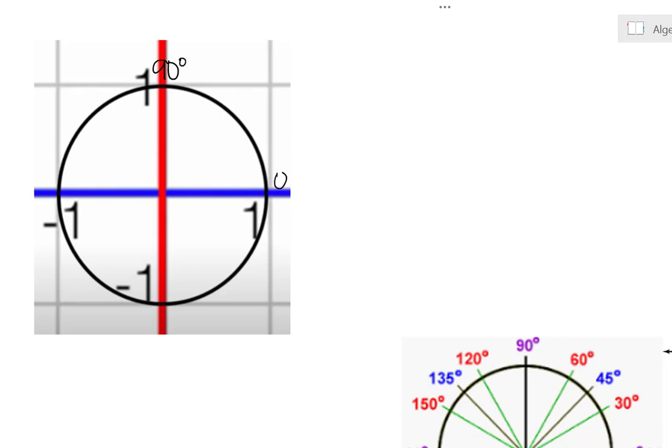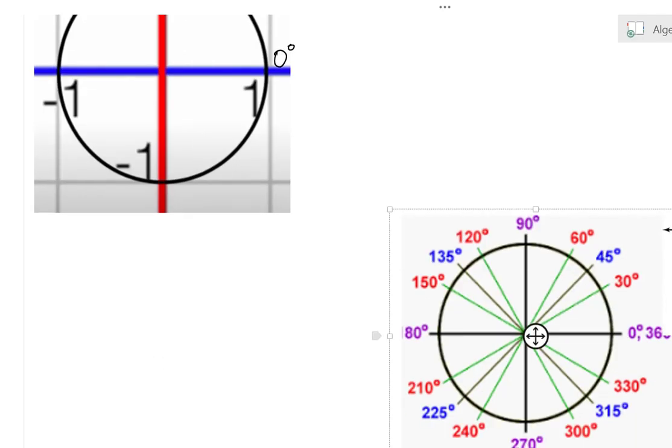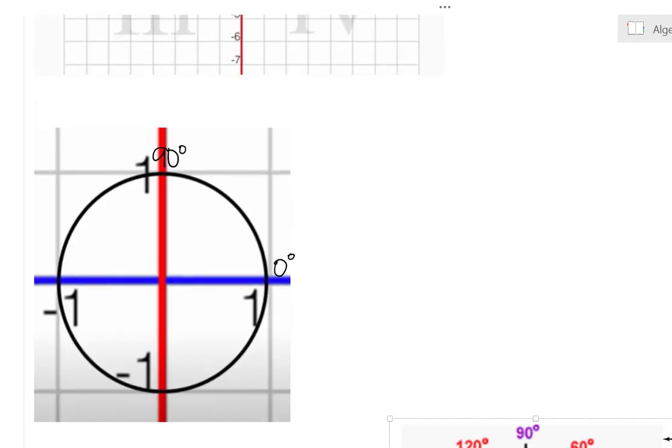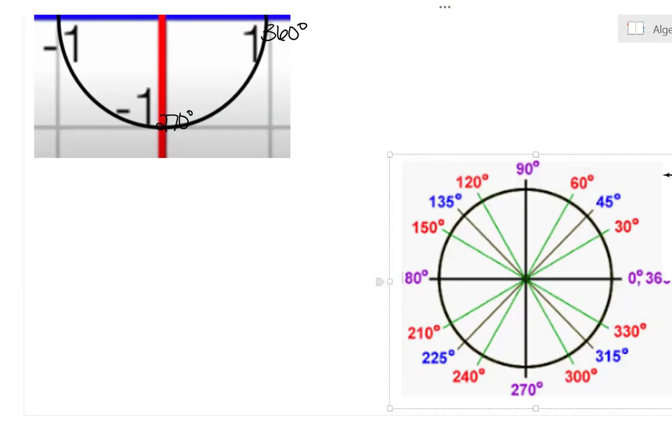I also know that a straight line is 180. 90 degrees more than 180 is 270. And then we have 360 degrees all the way around. A little bit more detailed look of that is this guy right here.